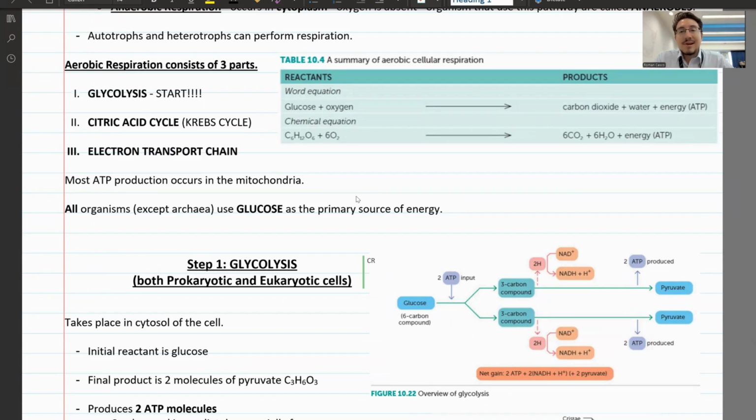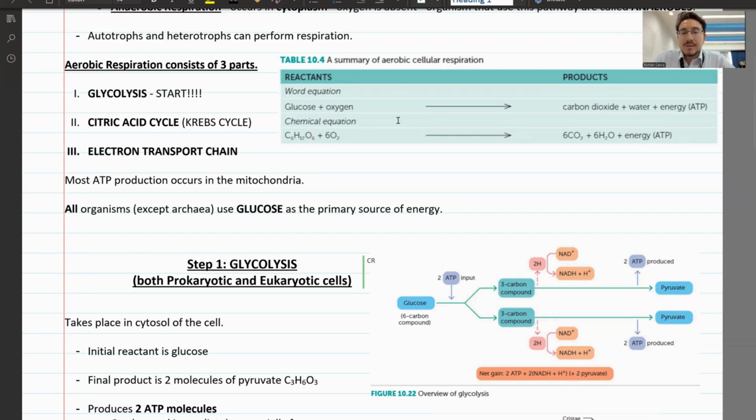You have glycolysis, the first stage or part. Then you have the citric acid cycle, also referred to as the Krebs cycle. And you have the electron transport chain stage. All these three work together ultimately to produce energy.